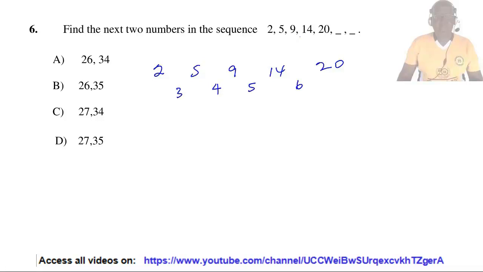So the next number is going to be 20 plus 7. That's 27. And the next number is going to be 27 plus 8. That is 35. So the answer is D.